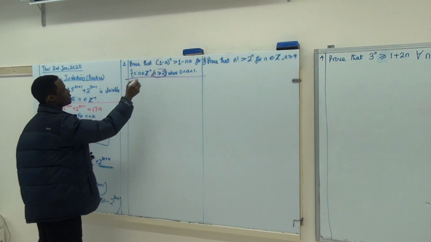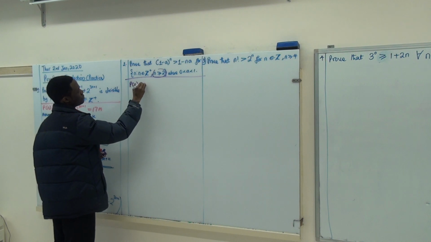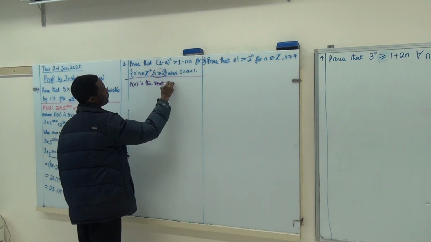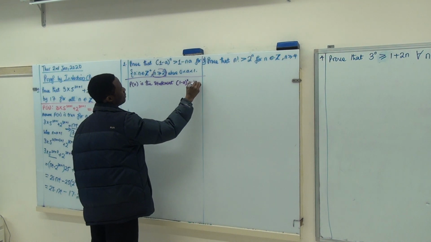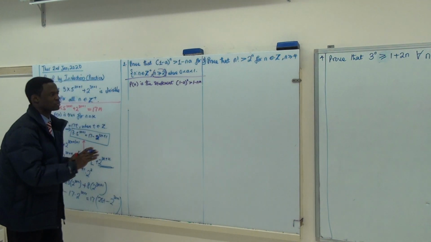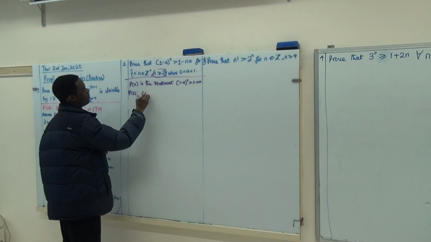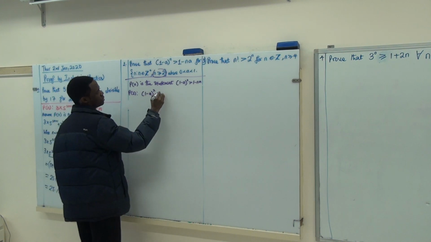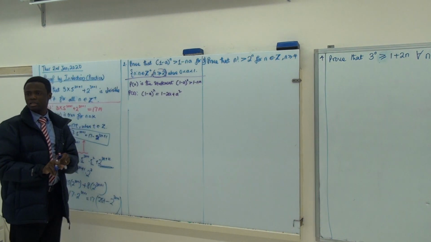Please pay attention. So, when you have n is 2, Pn is the statement: (1 minus a) to power n is greater than 1 minus na. That's your Pn. So P2 will be (1 minus a) to power 2, which is equal to 1 minus 2a plus a squared, right?